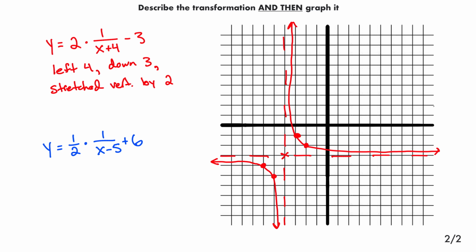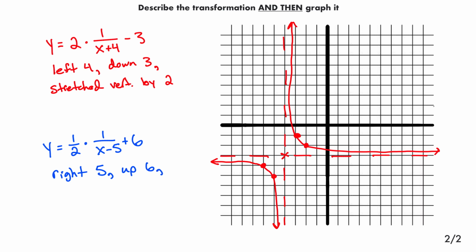For the blue function, okay, let's start with the description. It is y equals 1/2 times 1 over the quantity of x minus 5, plus 6. Since I have a minus 5 next to the x, that dictates that we're going to be moving right 5. And since I have a plus 6 on the outside of the function, that dictates we are going to be moving up 6.